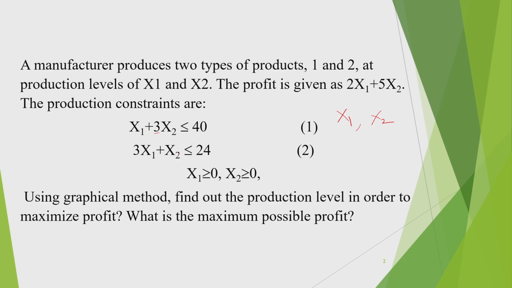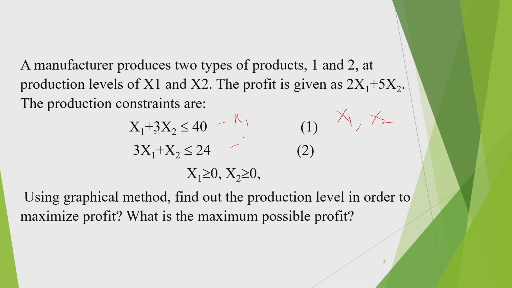So x1 plus 3x2 will be the total expenditure of that resource, which we can call R1. It should be at most 40 because we may have only 40 kg in the factory.